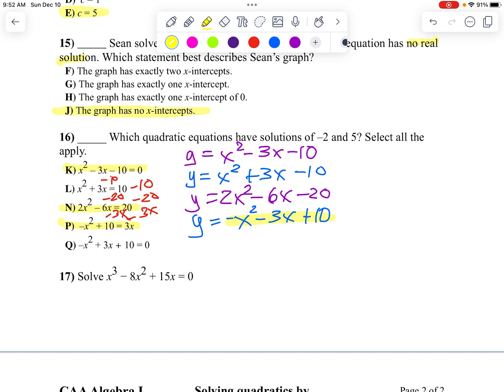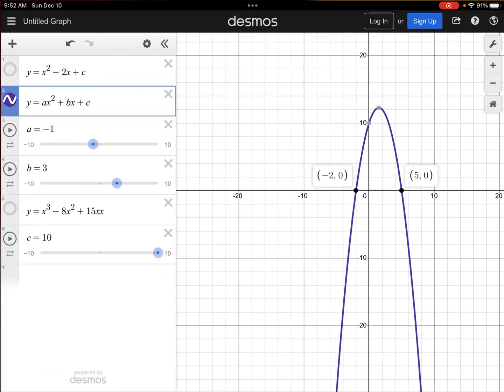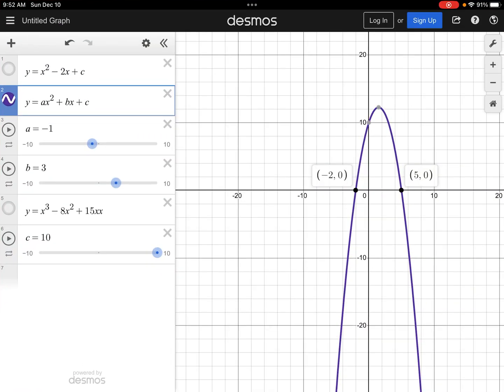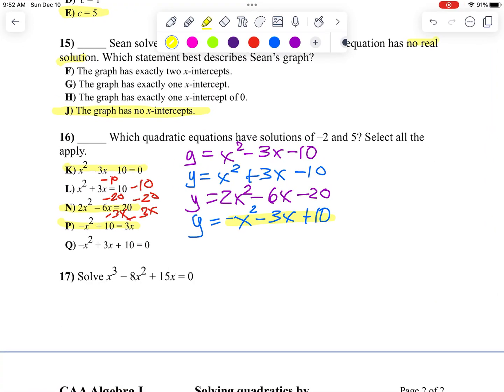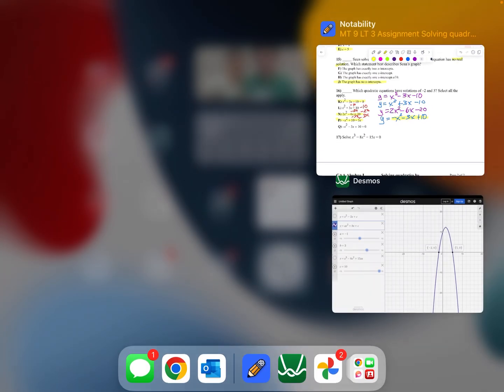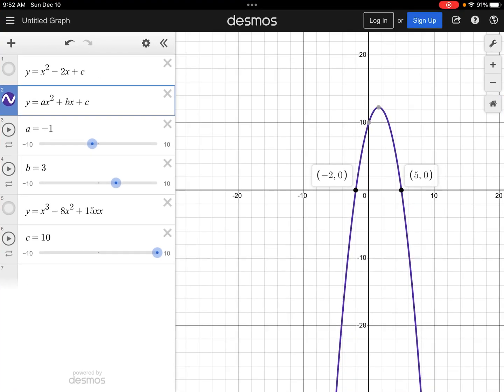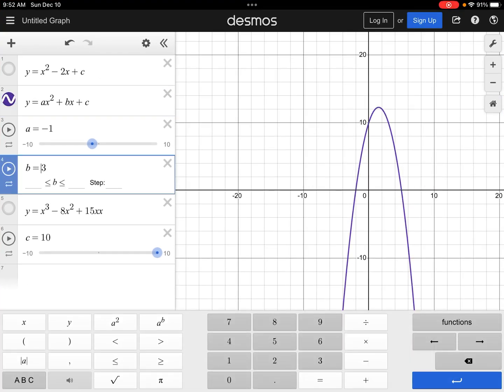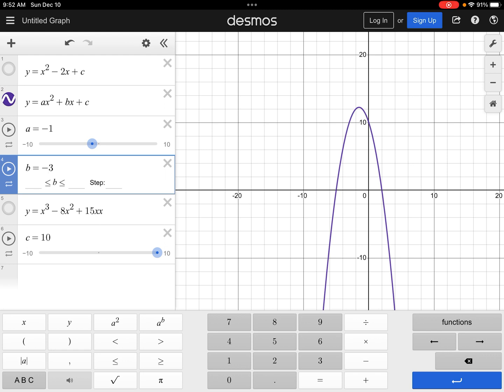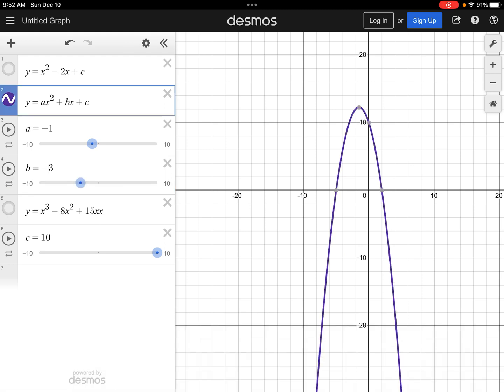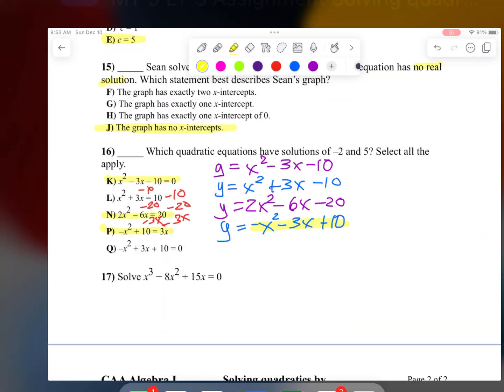Finally, let's change B to a positive 3 for letter Q. Oh, it is a positive 3. What did I do wrong here? Okay, negative x squared. Oh, it was negative 3. Whoops. Did I have that one wrong? Oh, there's negative 5 and 2. Am I supposed to get negative?